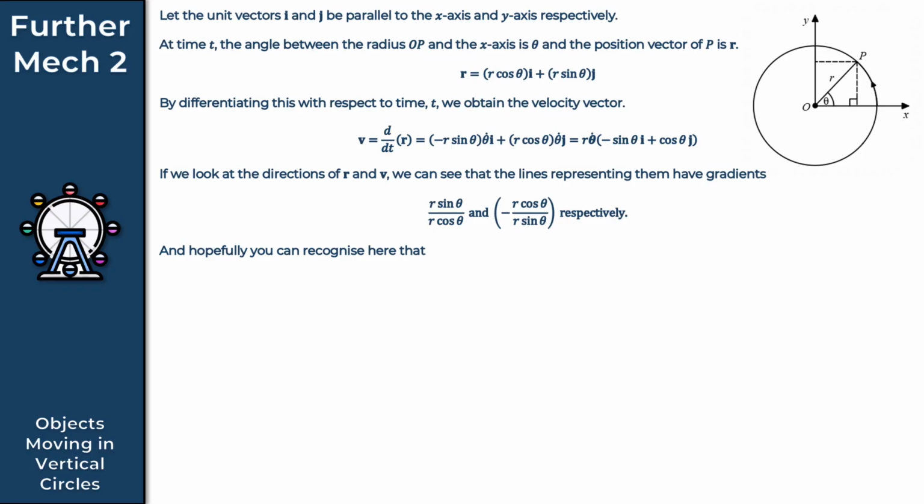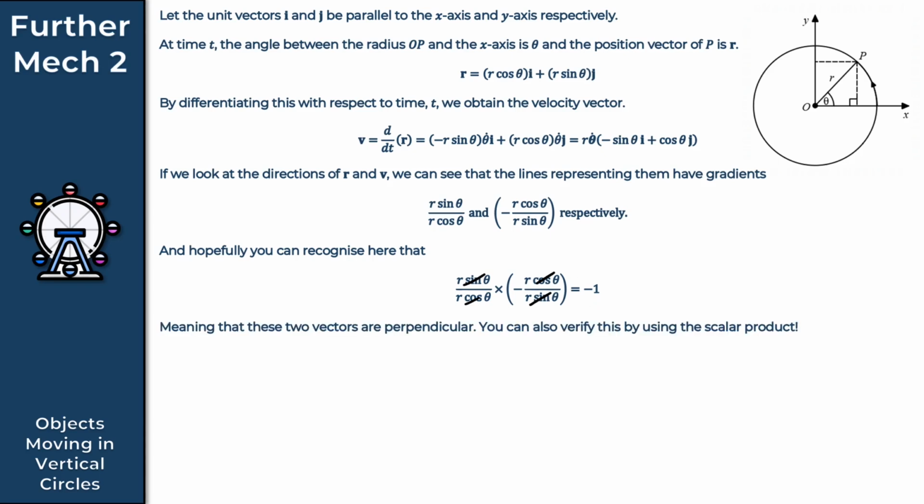Hopefully you can recognize that if we take the product of these two gradients, r sin theta over r cos theta times minus r cos theta over r sin theta, everything will cancel, and all we get left with is minus 1. And what that means is these two vectors are perpendicular.